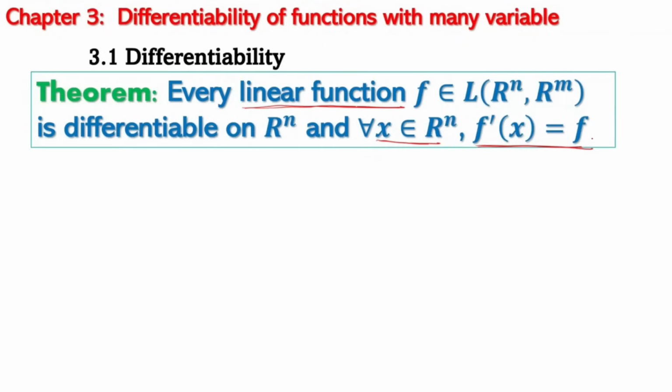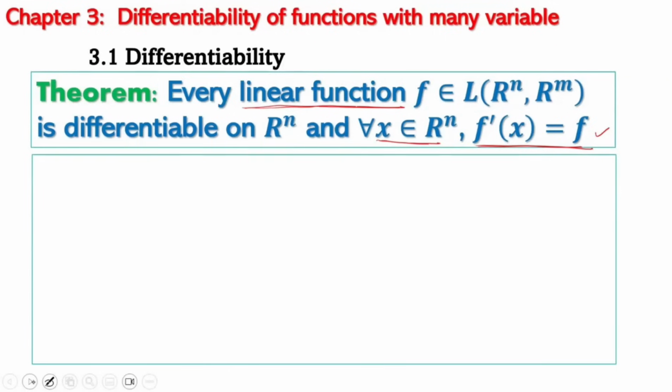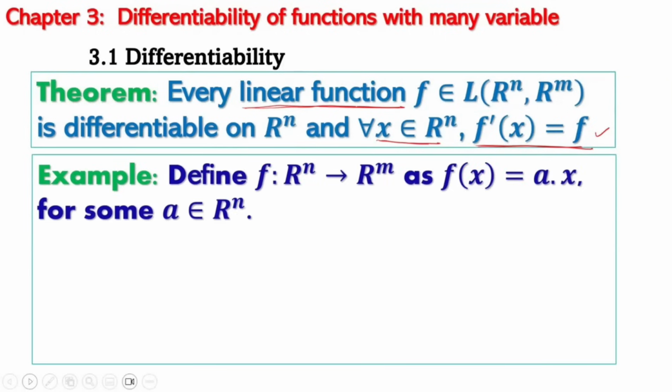So to understand this part, we will take one example. Let f be from Rn to Rm, defined as f of x equal to a dot x for some fixed a belonging to Rn.